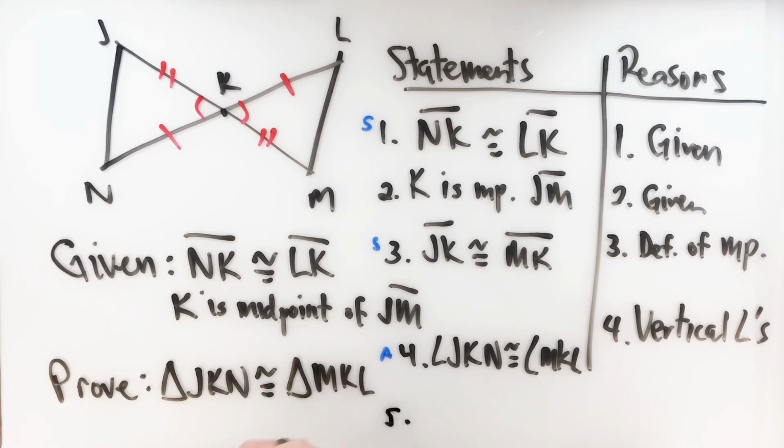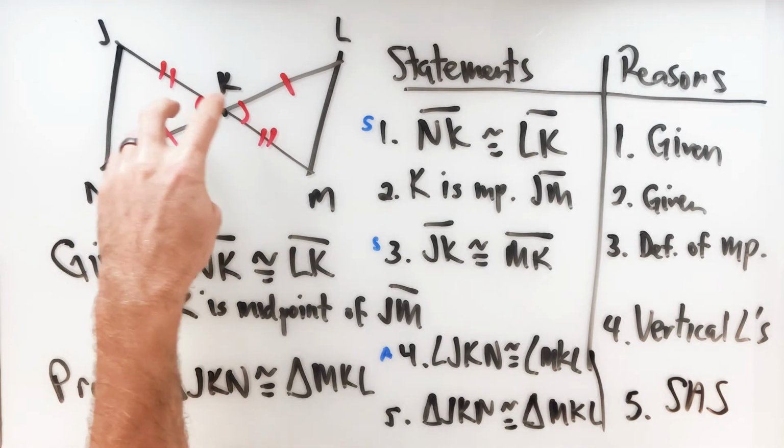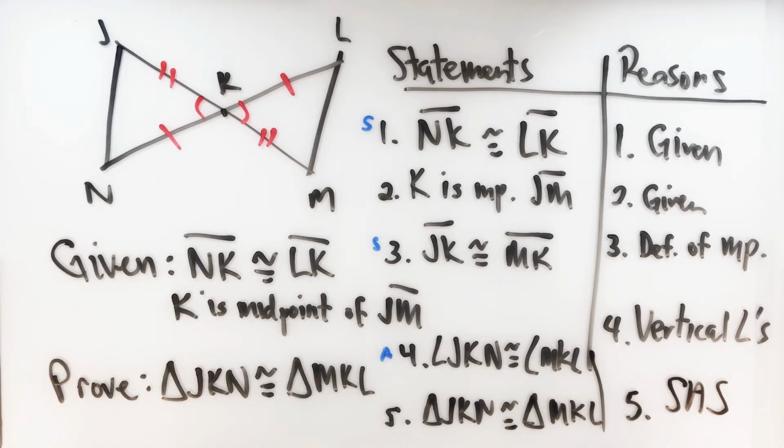So step 5, last step, we now know that triangle JKN is congruent to triangle MKL. And that is because of the side angle side postulate. Two sides and the angle included in between the two sides are congruent to the same on the second triangle. There it is. Okay, let's do one more.